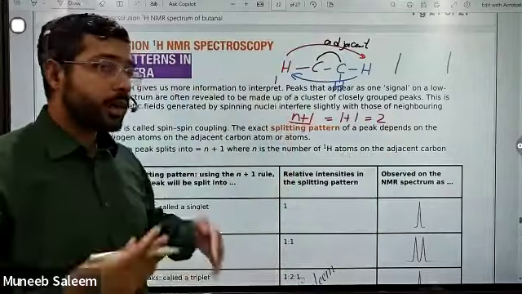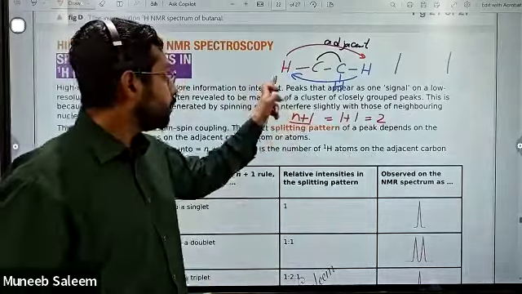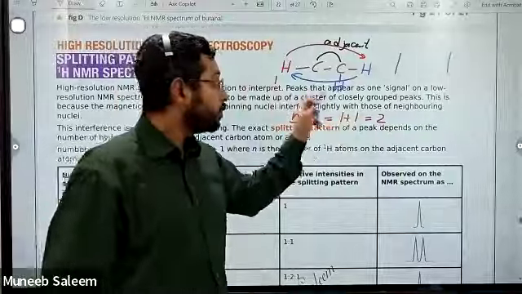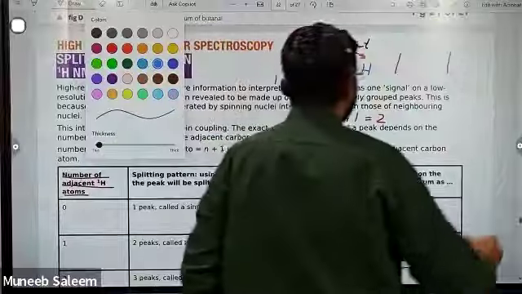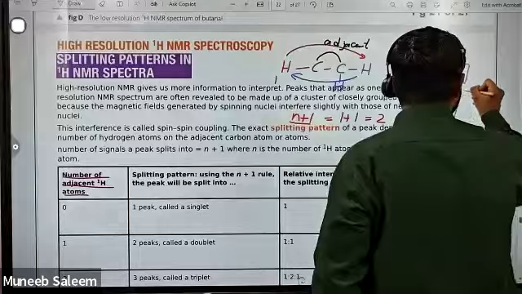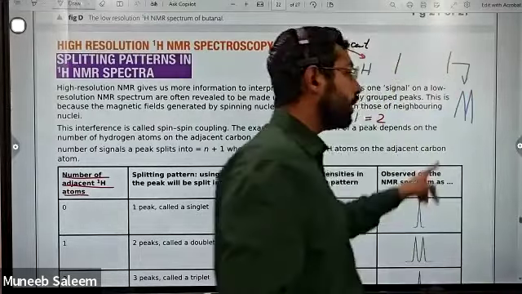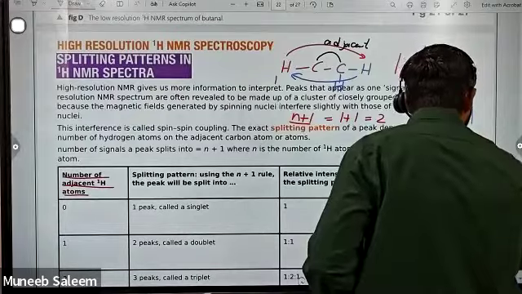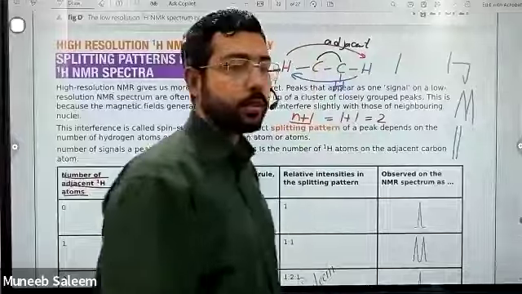So the number of hydrogen atoms which are producing the effect of splitting will be counted here. So this blue line will no longer remain one single line. Instead, this will convert into two peaks like this. You can indicate it either in the form of triangles or in the form of vertical lines. So this one single line is converted into two lines.